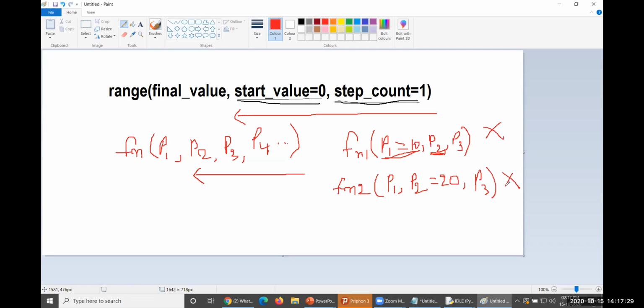And for example, function 3 of parameter 1, parameter 2 will be equal to some value, 20 or 10, whatever may be, and parameter 3 will be equal to some 4. Now it is okay, because one non-default parameter is followed by two default parameters. It could be accepted here. So this case is not accepted, and this case also not accepted.